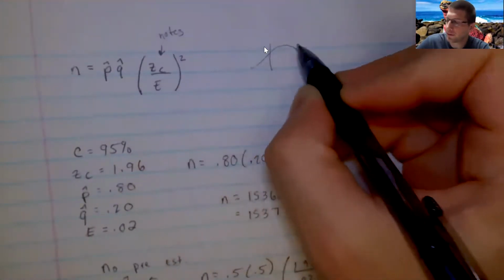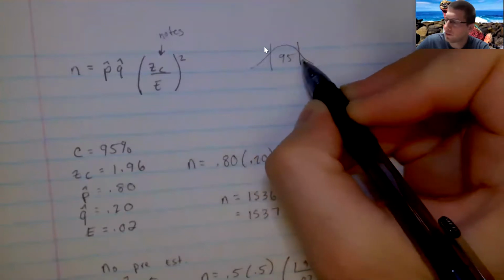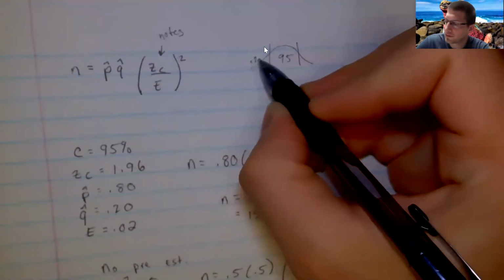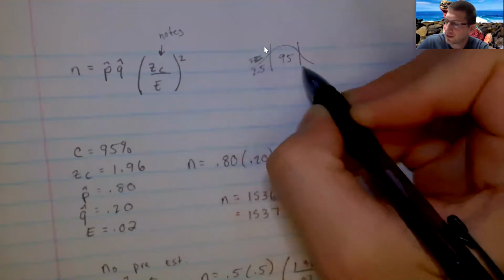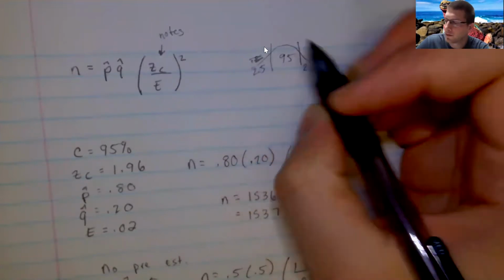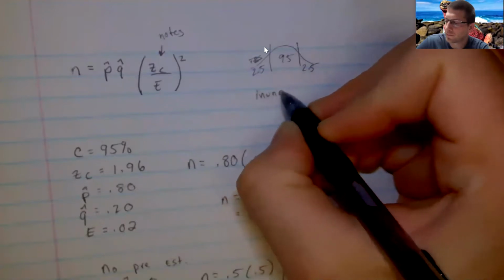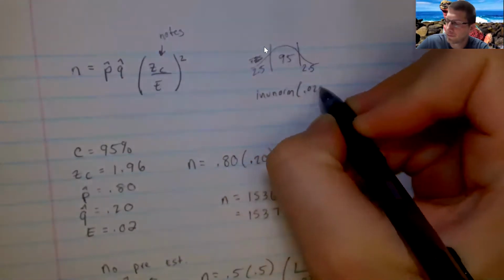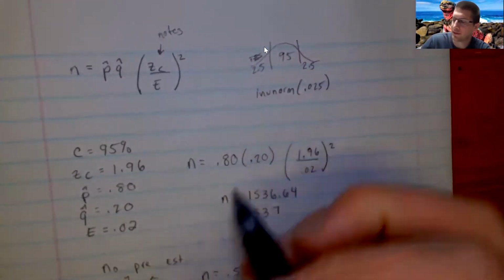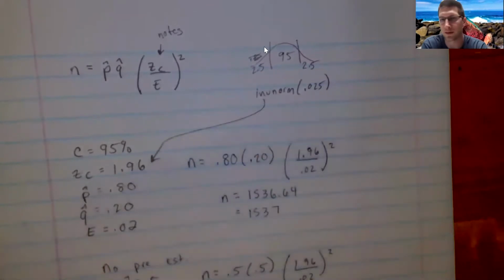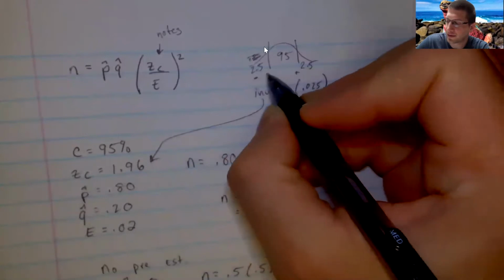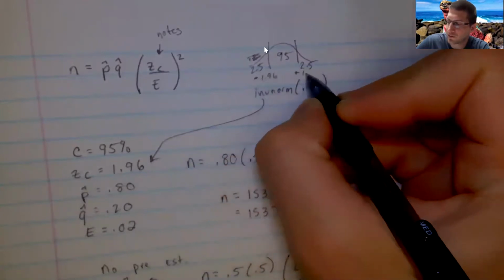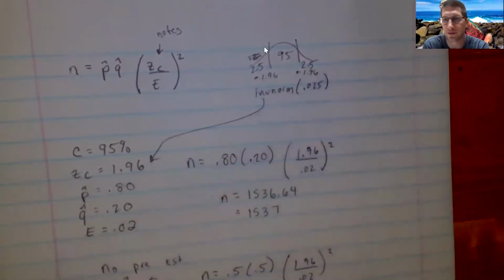For this one, if we have 95%, 5% is left over, 2.5% on this side and 2.5% on this side. We can just take the inverse norm of 2.5%, and that will give us that 1.96 value, right? It will give us a negative for the first one and a positive for the second one. We're always going to use the positive value for these.